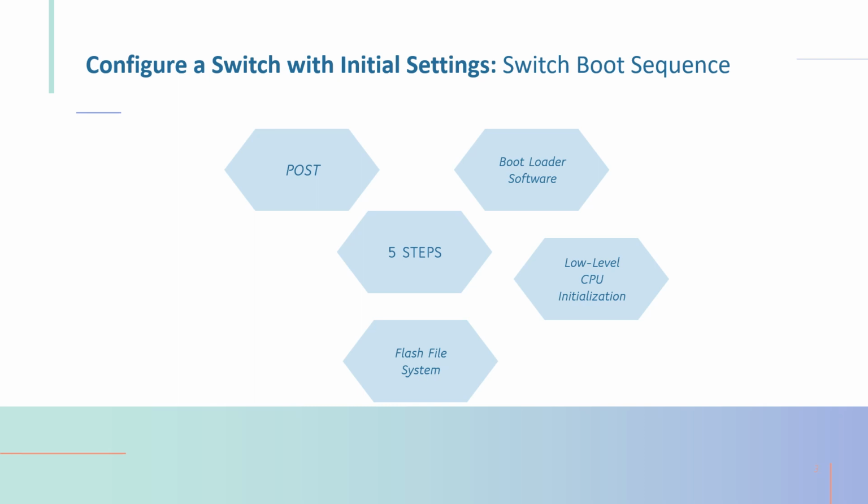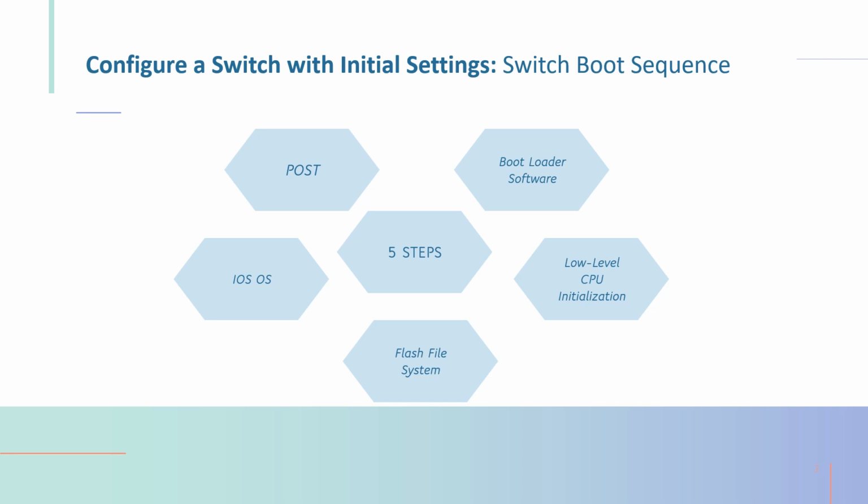Then it goes to the 4th step, where the boot loader will initialize the flash file system on the system board. And finally, the boot loader will locate and load a default IOS operating system software image into memory and give control of the switch over to the IOS.